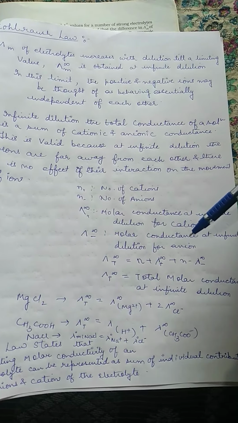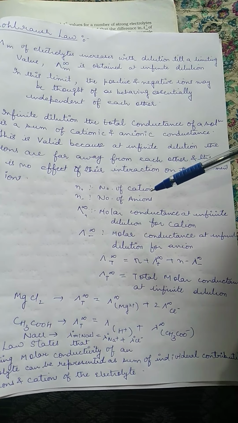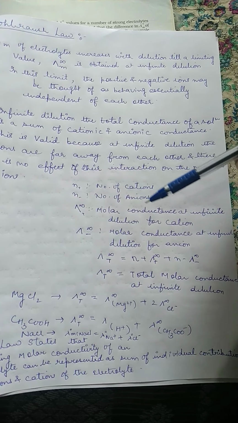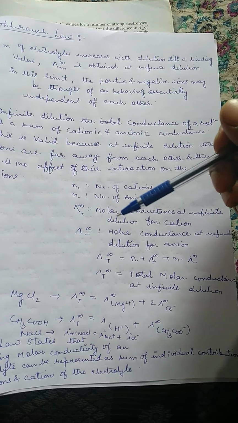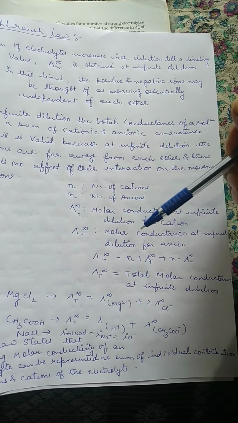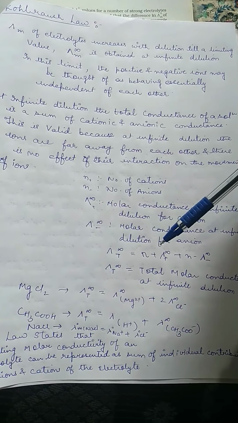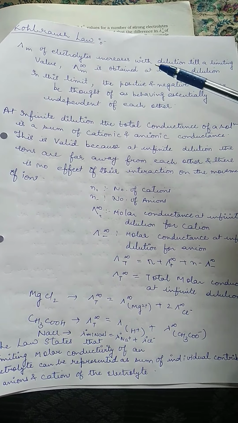So this is the formula, where n plus is the number of cations, n minus is the number of anions, λ plus infinity is molar conductance at infinite dilution for cations, and similarly λ minus infinity is the molar conductance at infinite dilution for anions. And this is the example that is given in your NCERT book also. So this is Kohlrausch law.